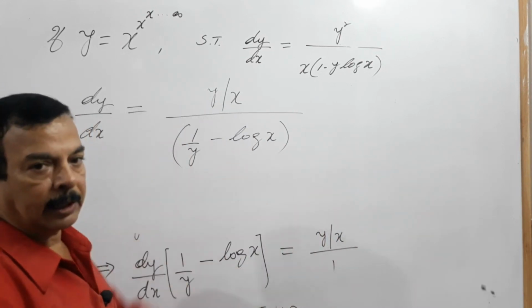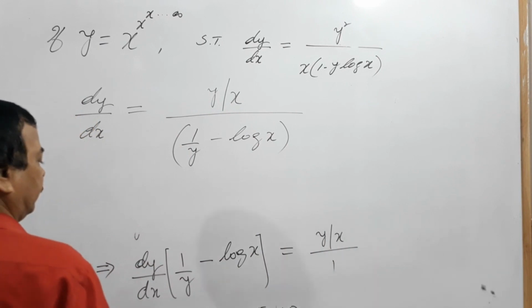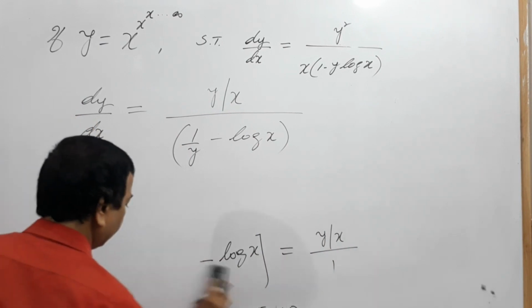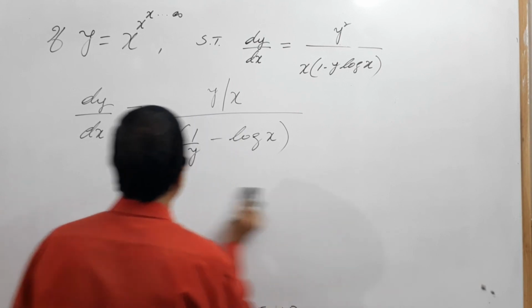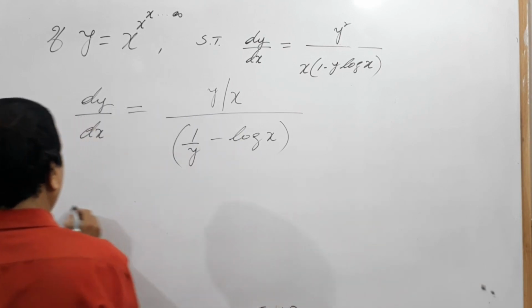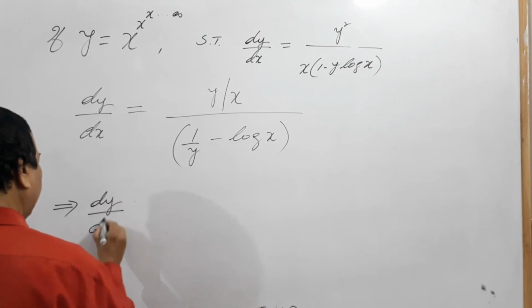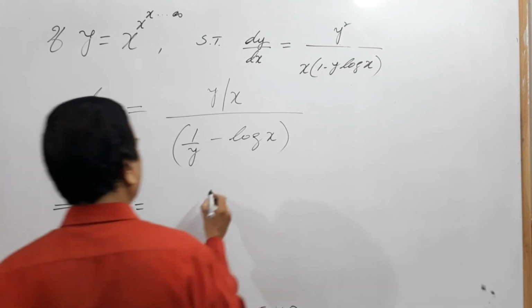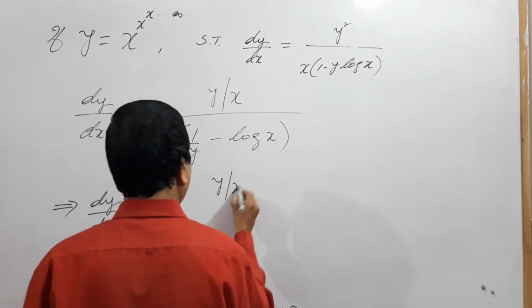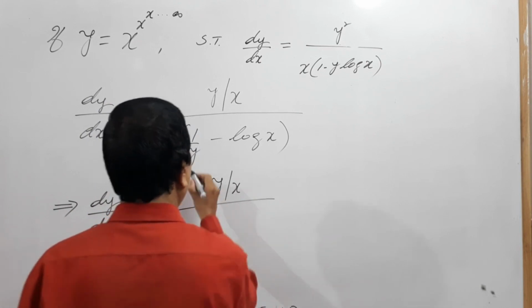So we have to take LCM here. dy by dx equals y by x, y is here.